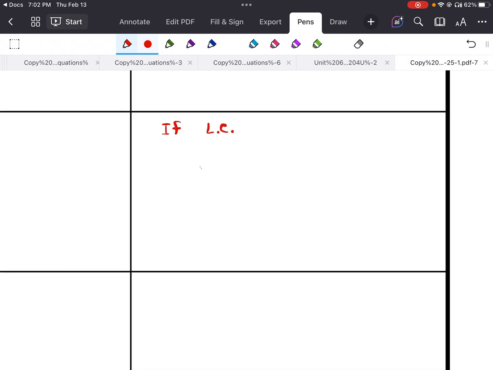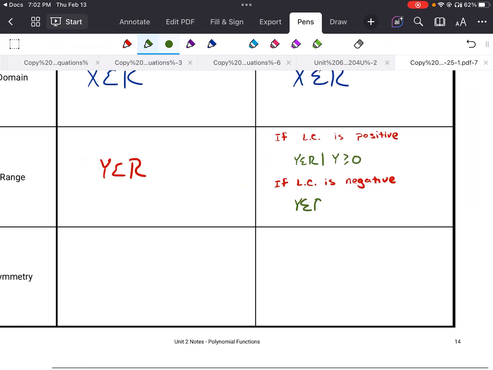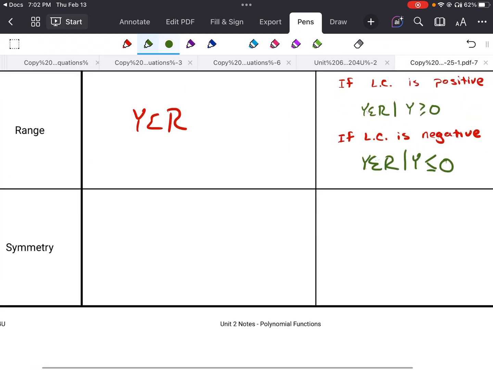Okay, for even degree polynomials, you can just write an arrow over if you already wrote. Okay, sorry about that.